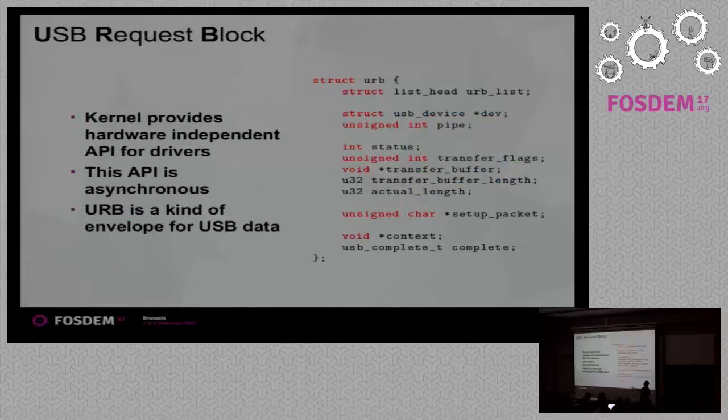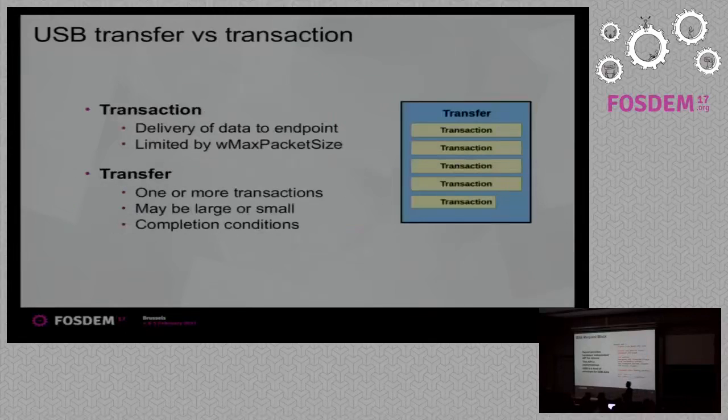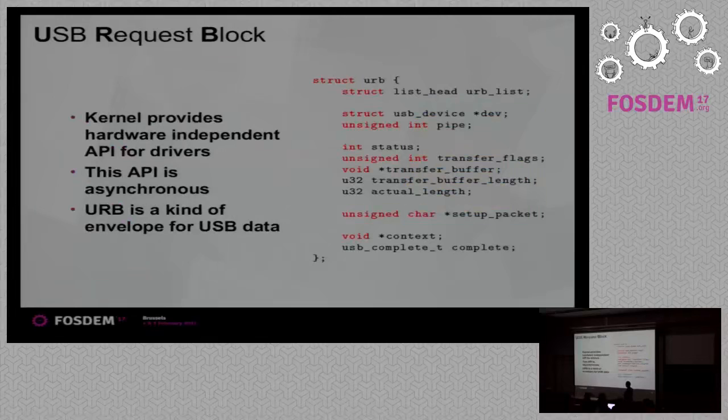USB request block, URB, is a base kernel abstraction entity which is usually matched one-to-one with a transfer. Of course, there are tricks where multiple URBs are put into one transfer, but not many drivers do it. The API used to send this is asynchronous, and all drivers in the kernel use USB devices in asynchronous mode.